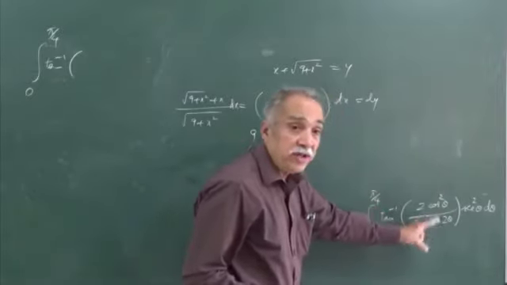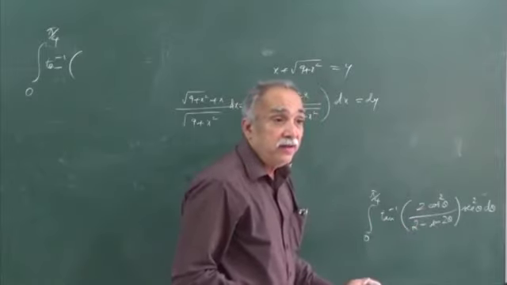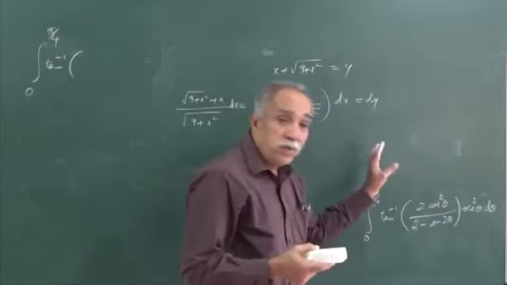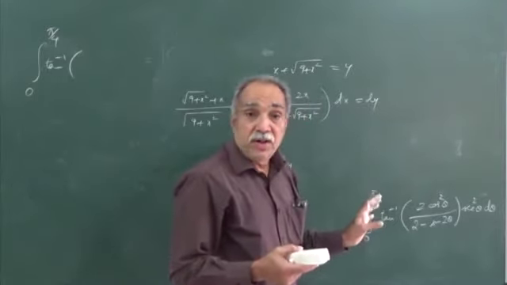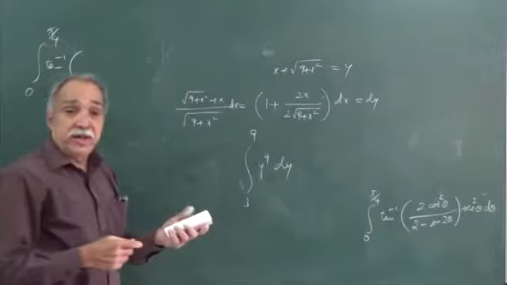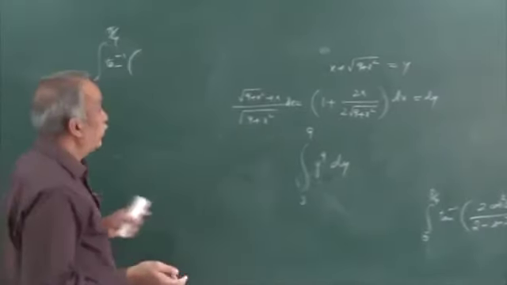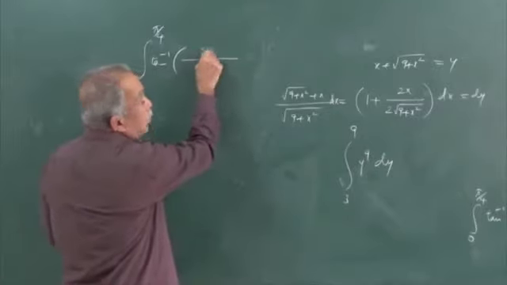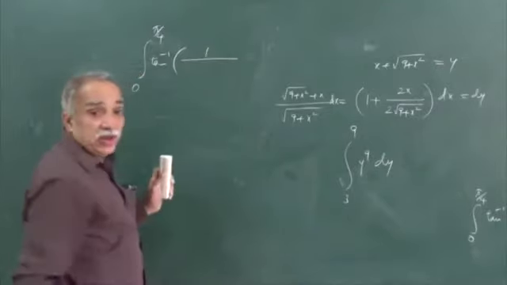Then divide numerator and denominator. My objective is to bring in tan theta. Get rid of all sin and cos. We will divide numerator and denominator by cos square theta. The 2 goes away on cancellation.